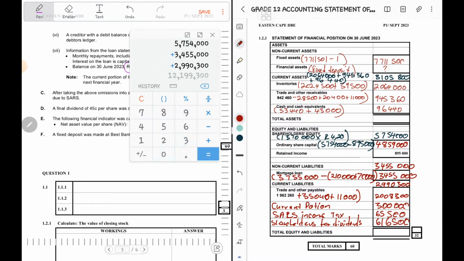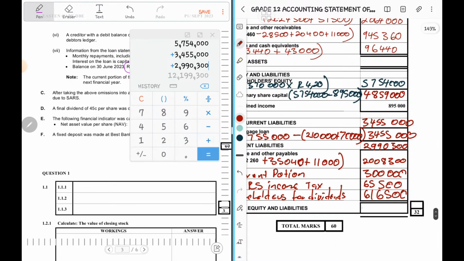Then that gives us total equity and liabilities of 12,199,300, and this will be our assets. Remember, under the balance sheet or the statement of financial position, your assets should be the same as your liabilities and equities combined.